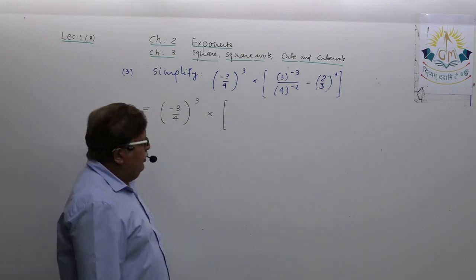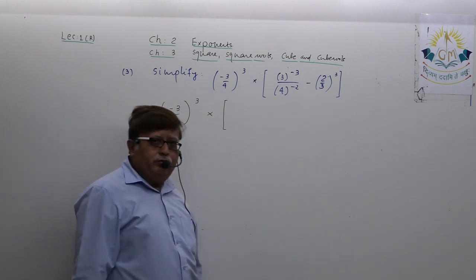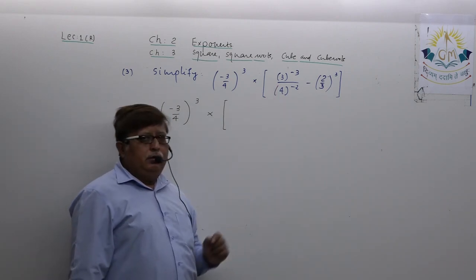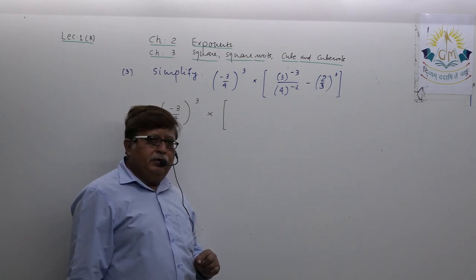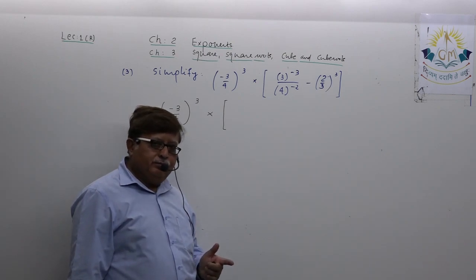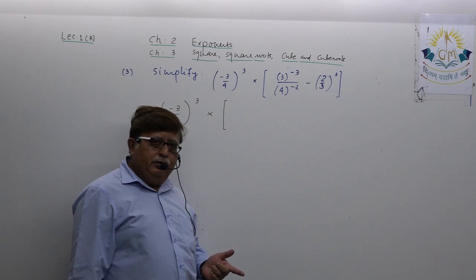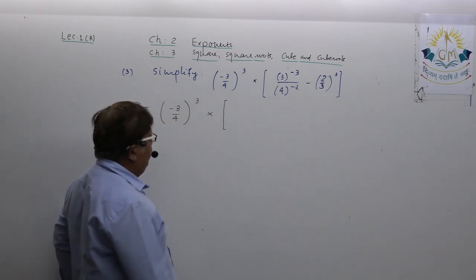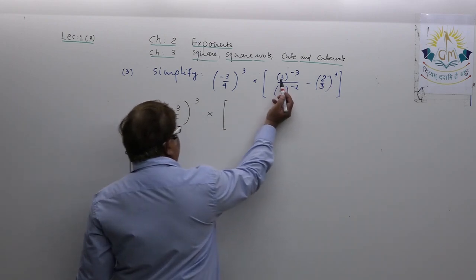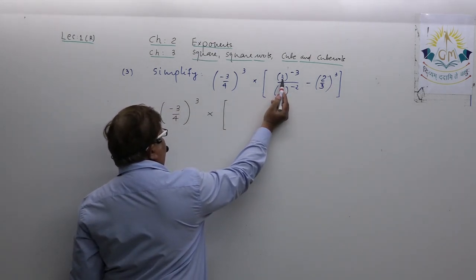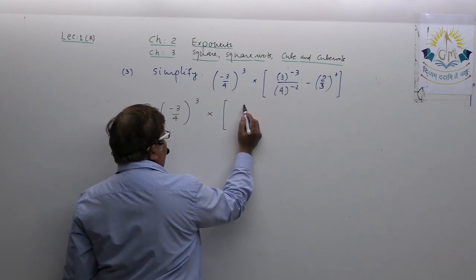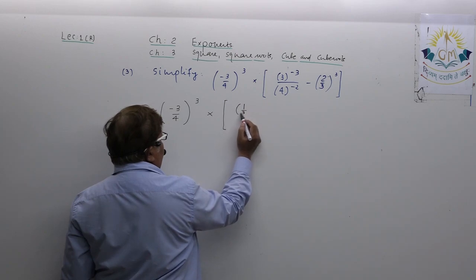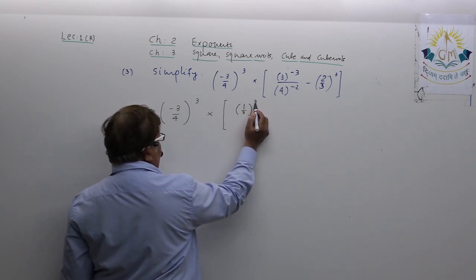But dear student, I have also explained that no term can be evaluated until you get a positive power. So for that purpose, suppose if I want to evaluate this, I have to write this way, dear student, 1 upon 3 raised to 3. Clear?